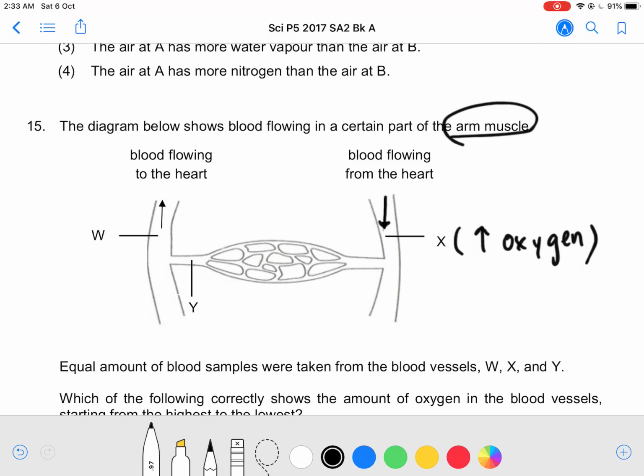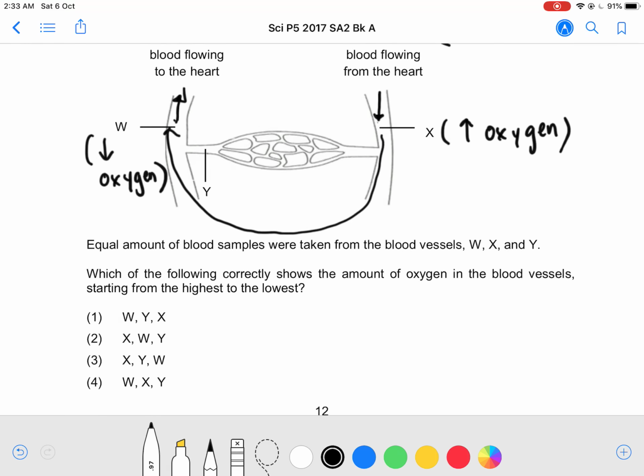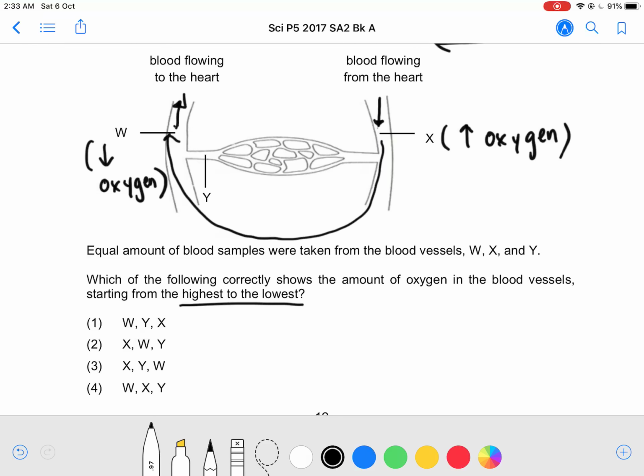It comes from the lungs, comes from the heart, and goes in a circulatory direction, and goes back to the heart so that the heart can bring it back to the lungs to breathe out. So this one, definitely the oxygen is already all used. Which one shows the highest to the lowest amount of oxygen? X will be the highest, Y is halfway, W is the lowest. So your answer will be number 1.